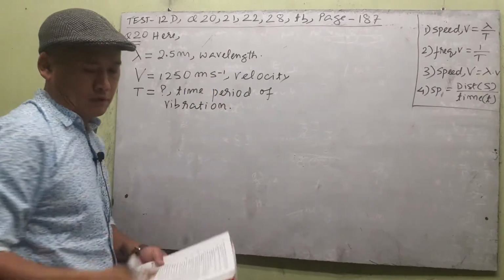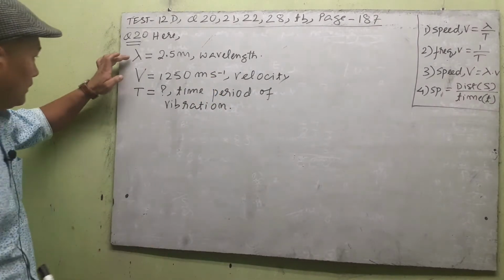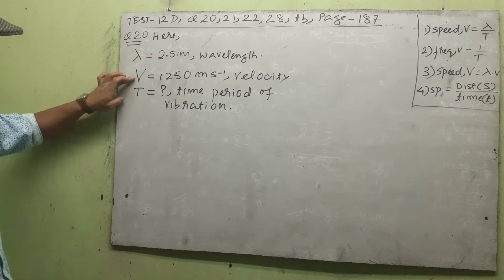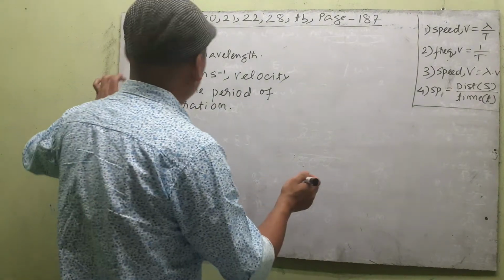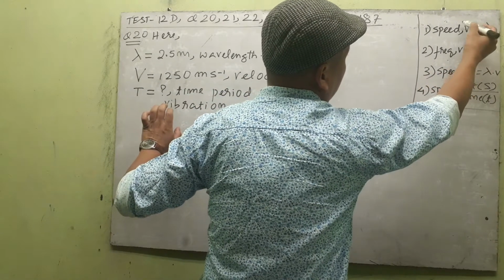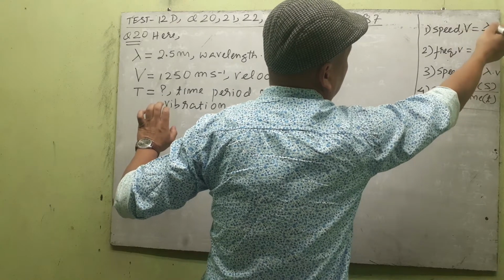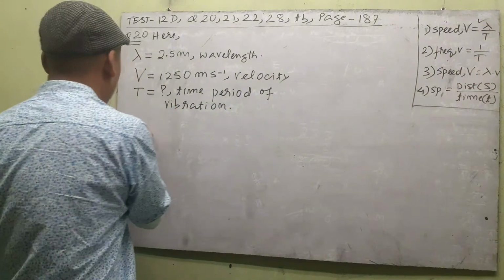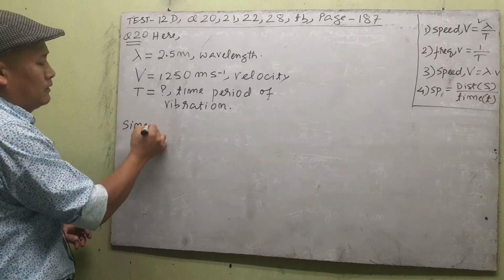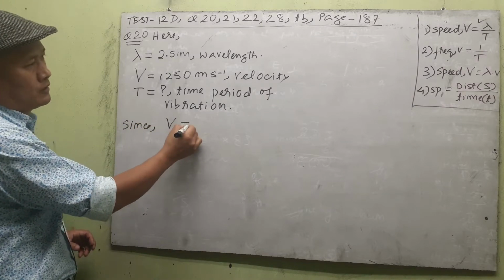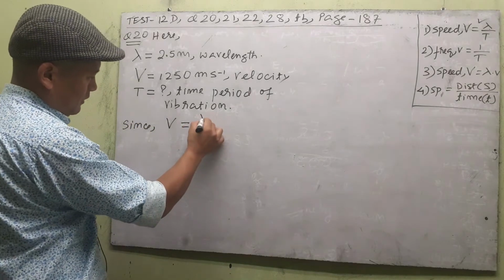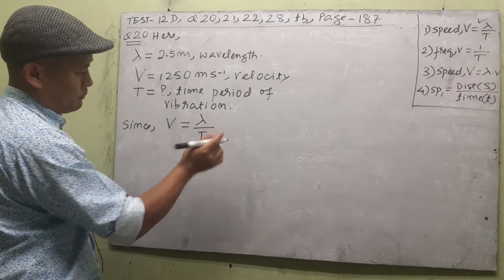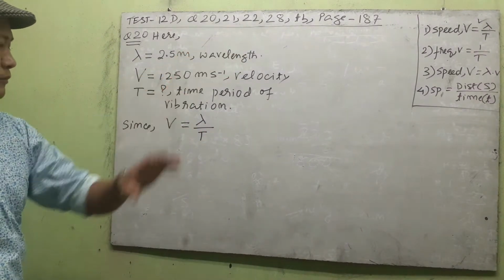With the given values, we choose the right formula: lambda, capital V, velocity, and T. Lambda, V, T. So we're going to use this. Since we know by formula that velocity or speed of sound wave is its wavelength divided by its time period of vibration, we write that same formula.